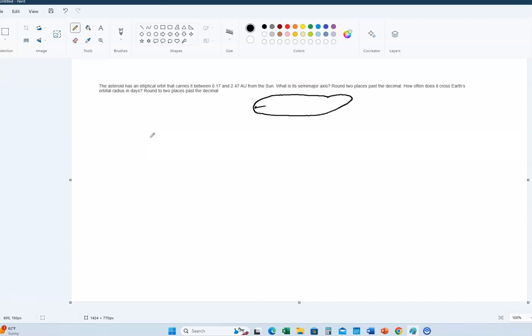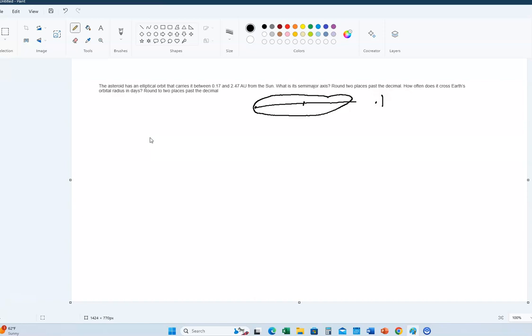So remember, the semi-major axis is basically the halfway point. So what we have to do is we add these two together and then divide by 2.